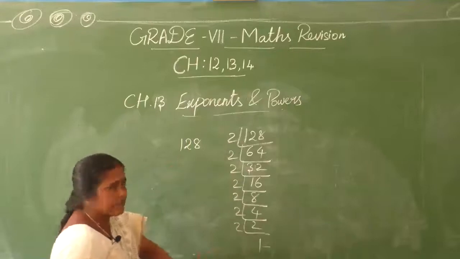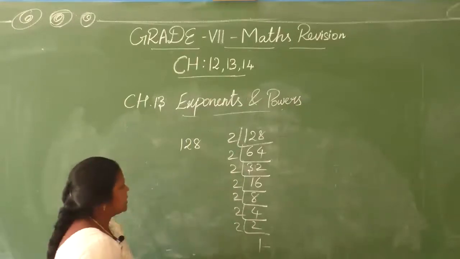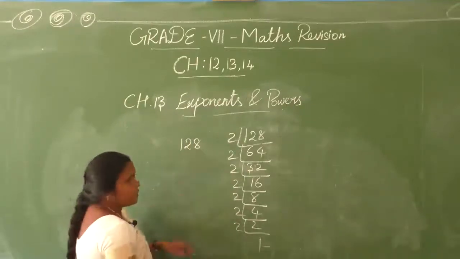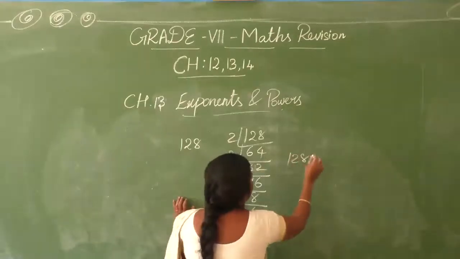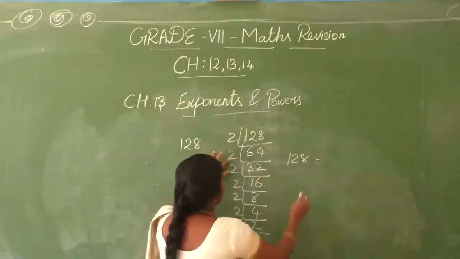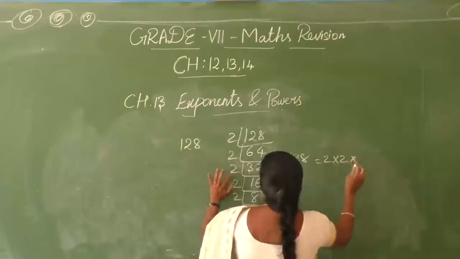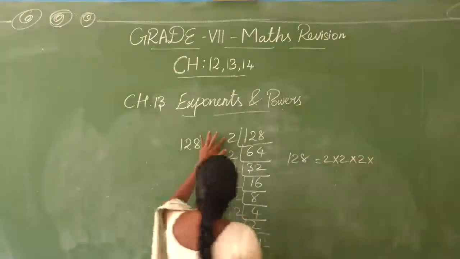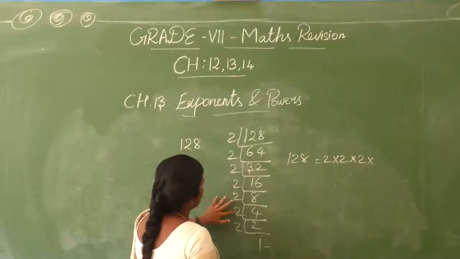So that's all. We continued until the least number came. Now what are the prime factors of 128? So 2 into 2 into 2, into how many 2s? 1, 2, 3, 4, 5, 6, 7.